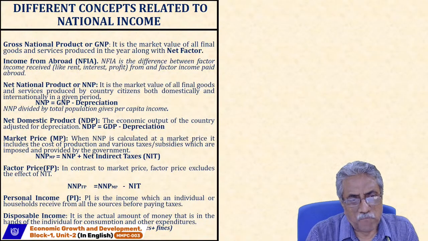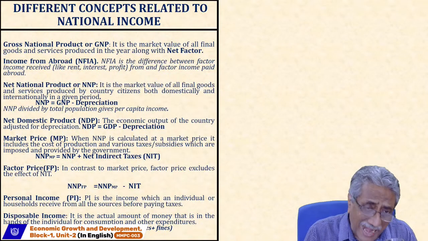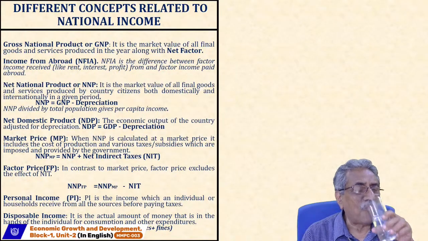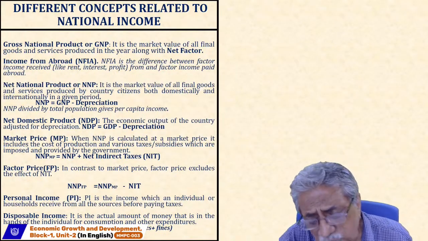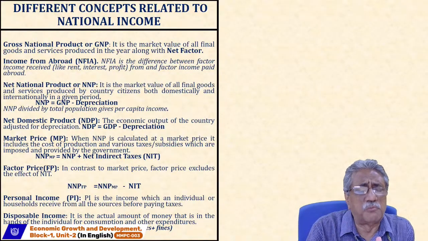Market price. When the NNP, net national product, is calculated at market price, it includes cost of production and various taxes and subsidies which are imposed and provided by the government. That means my cost of production is 1,000, and government duty is 20 rupees or 50 rupees or 100 rupees.